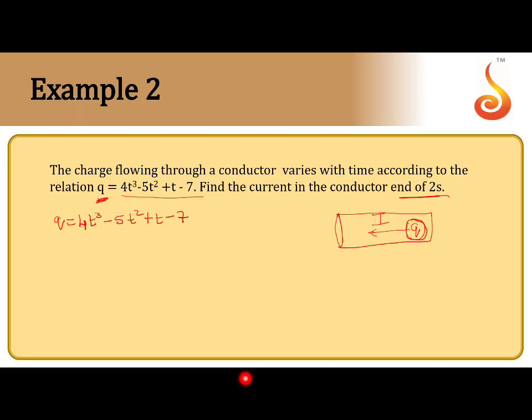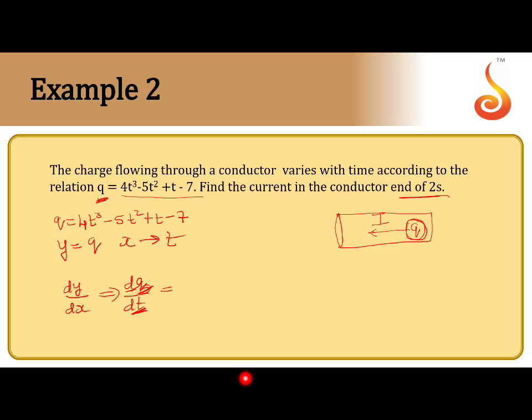If I compare this with my y and x, y is varying with time here. So instead of y, replace with Q, instead of x, replace with t. Then instead of dy by dx, you will actually be writing dQ by dt, the rate of flow of charge. It is read as differentiation of charge with respect to time.